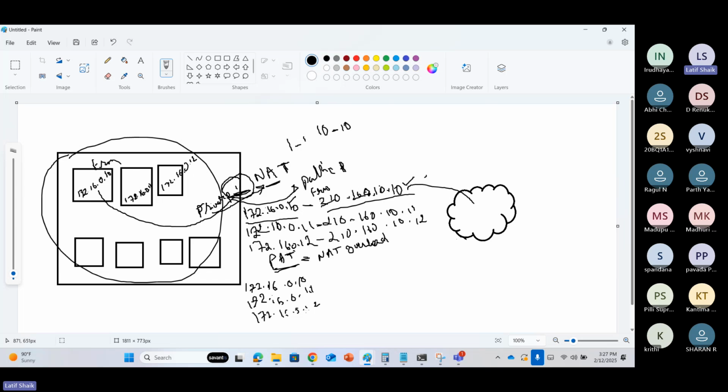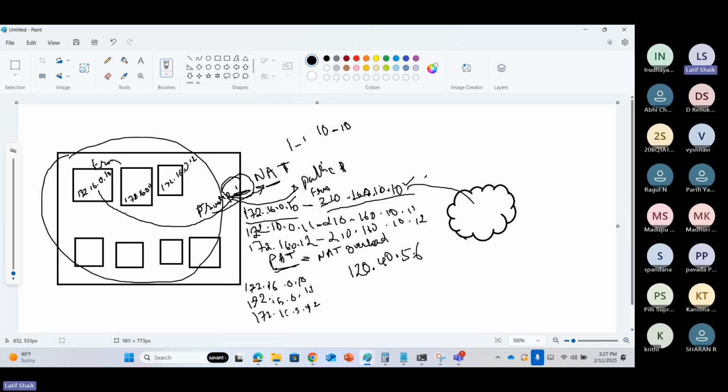These devices want to communicate outside, but we have a single public IP address. For example, 220.40.5.6. This is my public IP. Or maybe we can make it 120.20.40.5.6. This is my public IP.